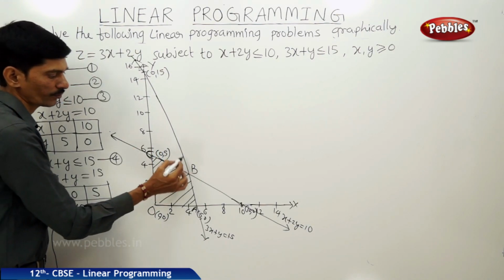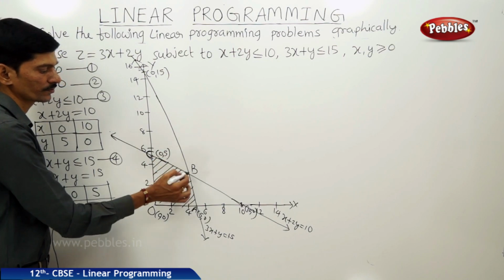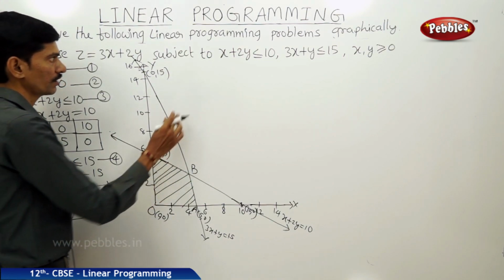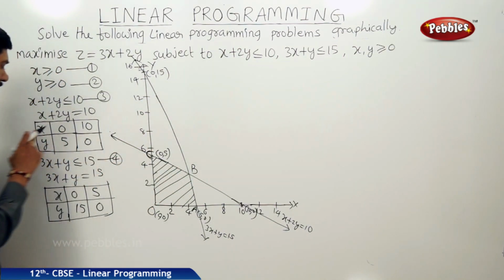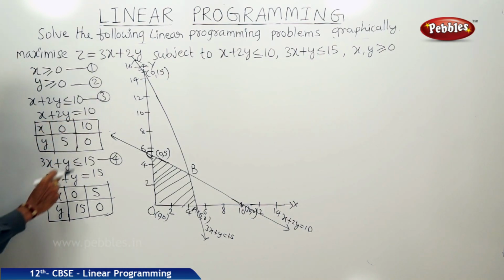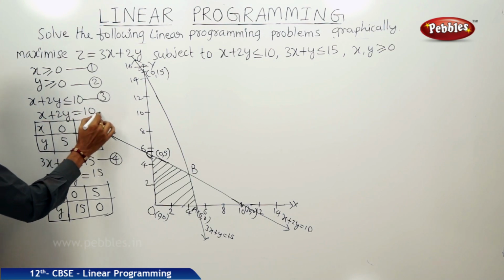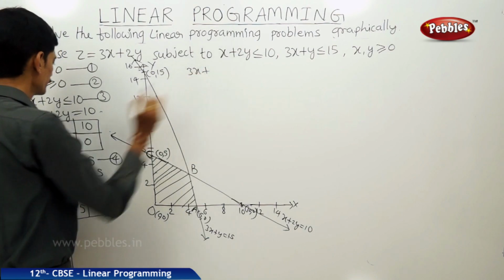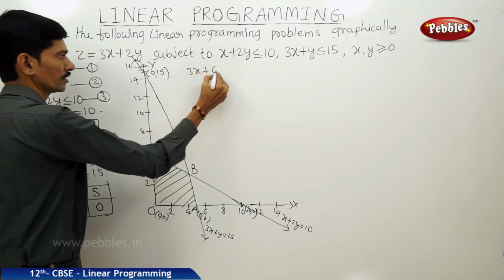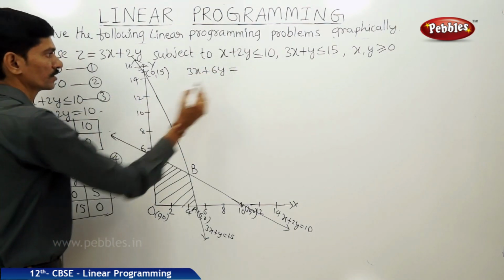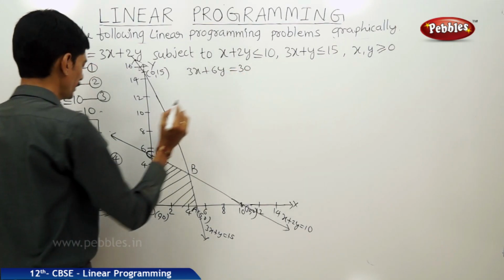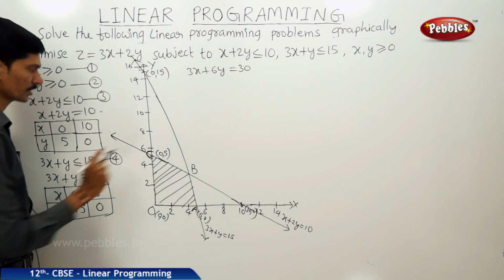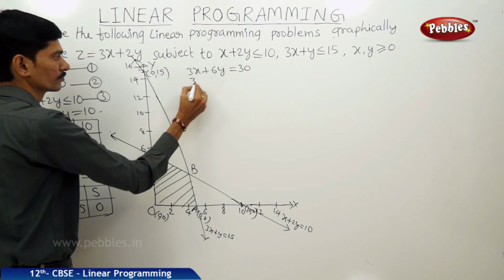So to find the point of intersection of these two straight lines, let us solve the two equations, x plus 2y equal to 10 and 3x plus y equal to 15. The third equation is multiplied by 3, then we get 3x plus 3 2s are 6y equal to 3 10s are 30. And the fourth equation, 3x plus y equal to 15.